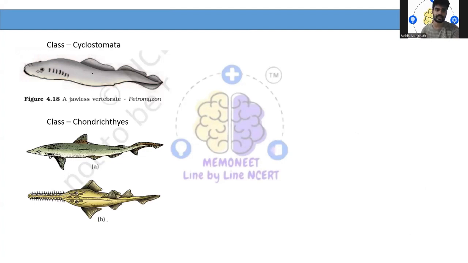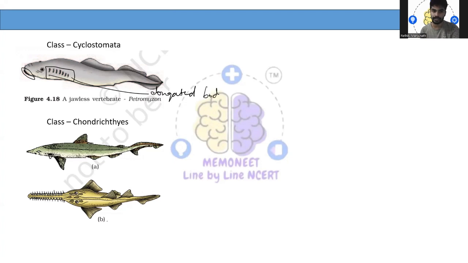So the first class is class Cyclostomata, right? As you can already see, they are ectoparasitic forms. So what do you mean by ectoparasitic? Can you see the structure of this? They have an elongated body, and you can also see the pairs of gills here.